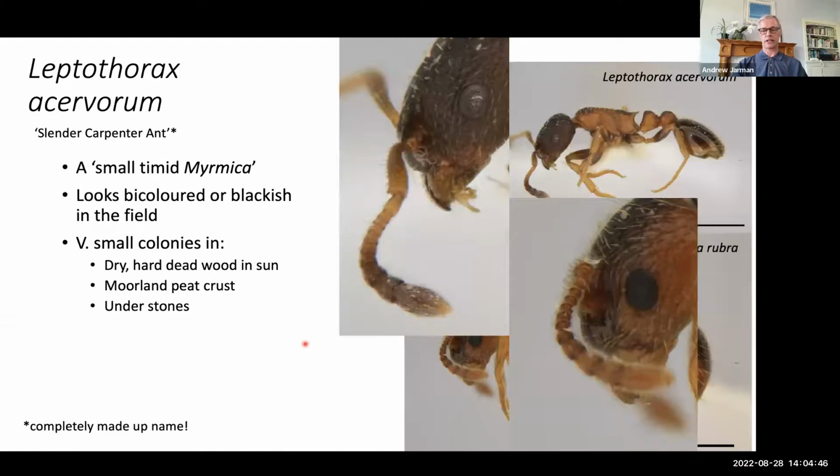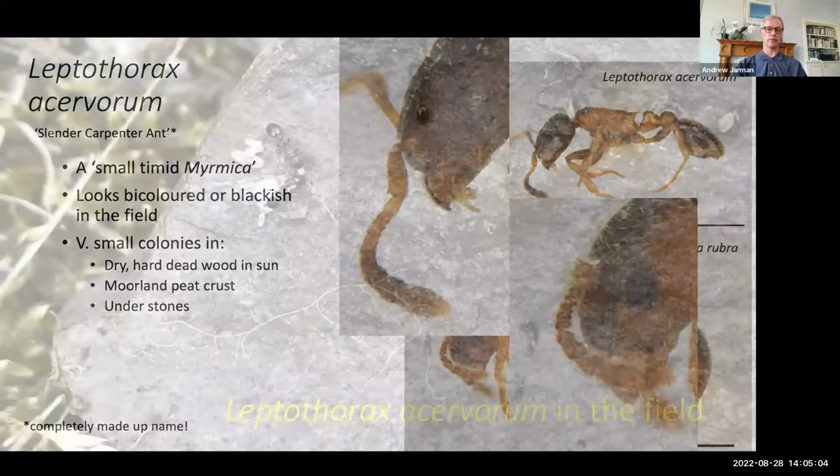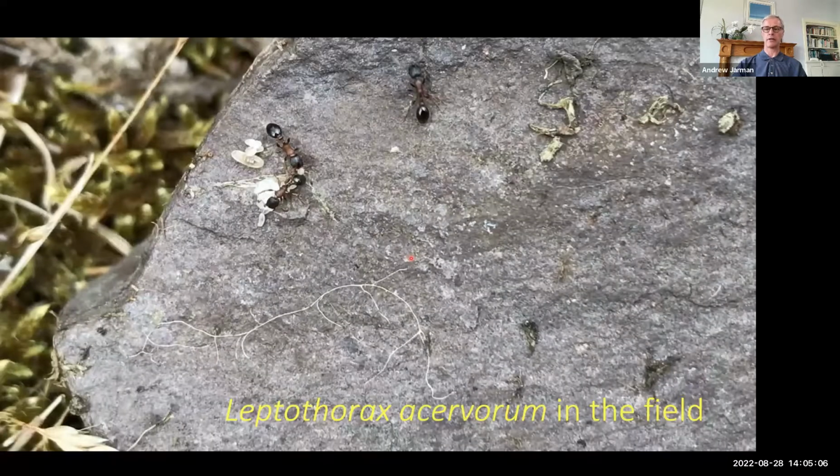But again, as a beginner, what you should be doing is getting used to how this ant looks different in the field. And I would say that the way that the Leptothorax moves and behaves in the field is quite different from a Myrmica. It's quite hard to explain, but basically it's very delicate, with a very kind of gliding, graceful movement compared with a more robust Myrmica movement.